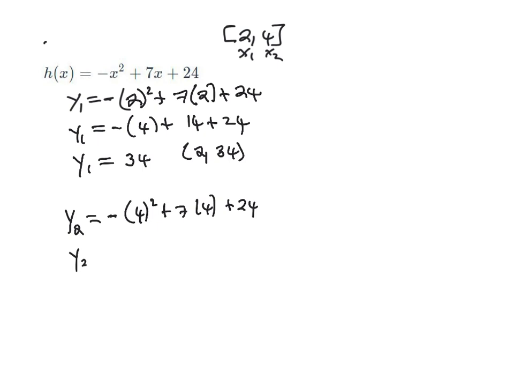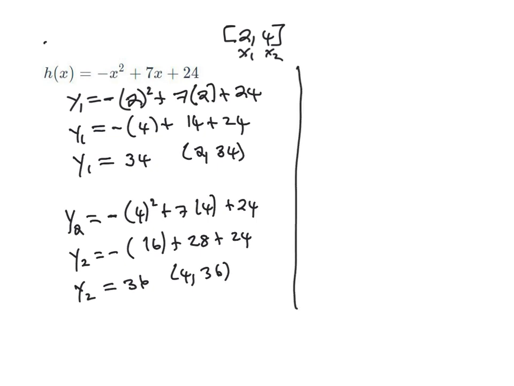That's going to be y2 equals negative 4 squared, which is 16, plus 7 times 4, which is 28, plus 24. Simplifying that, we get y2 equals 36. So the other coordinate pair is (4, 36).